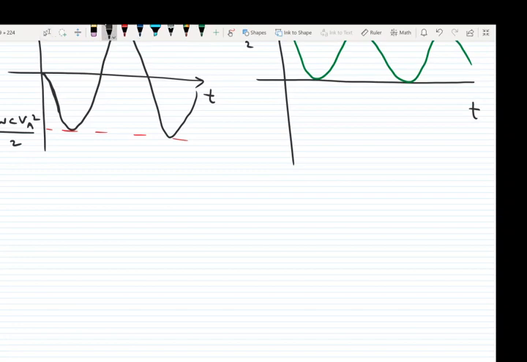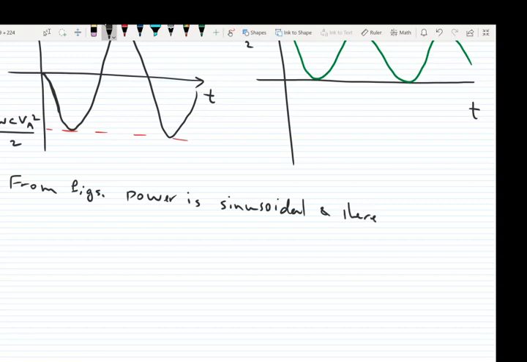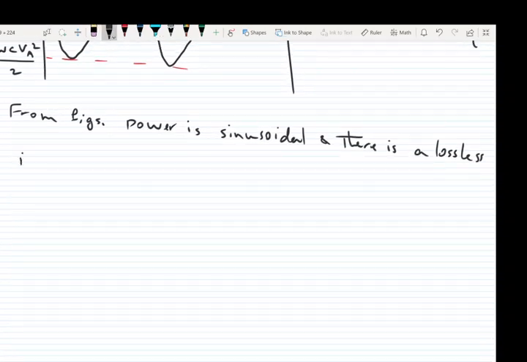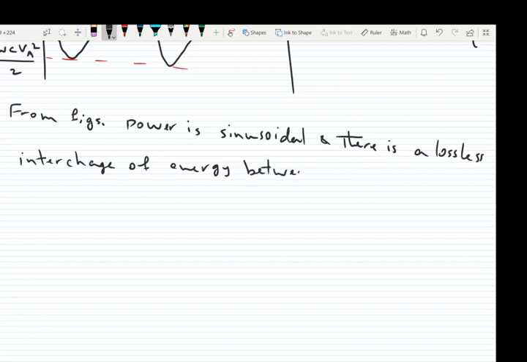And in summary, we can say from the figures, power is sinusoidal, and there is a lossless interchange of energy between the capacitor and the rest of the circuit.